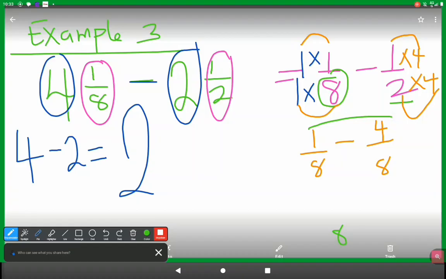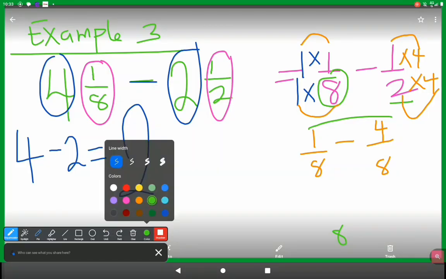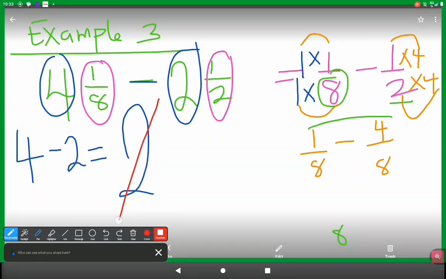Do not forget that we've subtracted our whole numbers and the final answer for the whole number was 2. Alright, then out of the 2, I'm going to take 1 out of it. If I take 1 out of the 2, that means my whole number will return to 1. So the 1 that I pick from the whole number will come back here, but turns to 8.